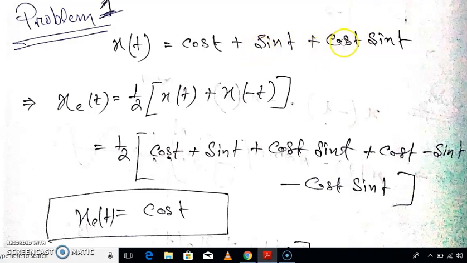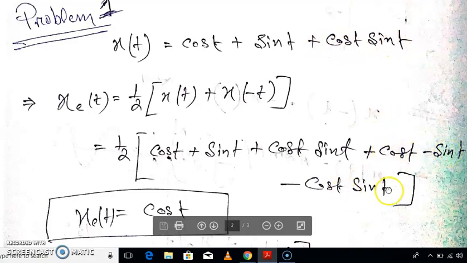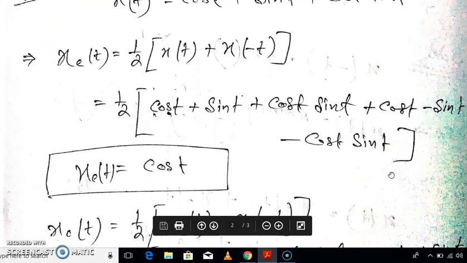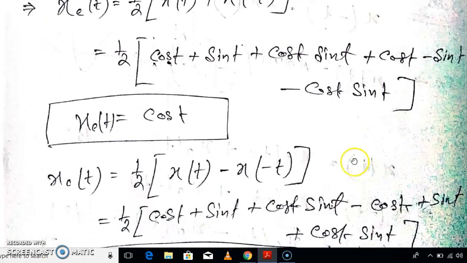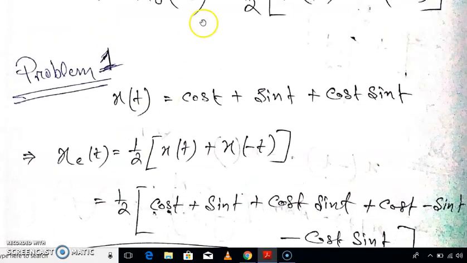So cos t sin t becomes minus cos t sin t. I just write those things, and if you calculate all of them, you will get the even part x_e(t) is cos t. So the even part of x(t) is cos t.